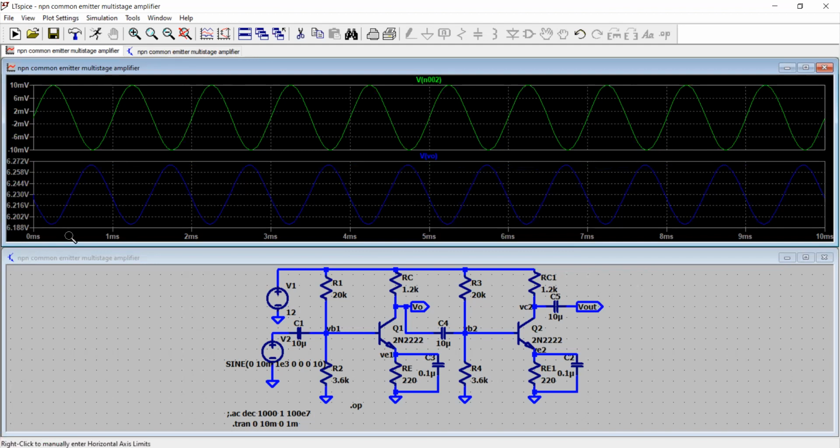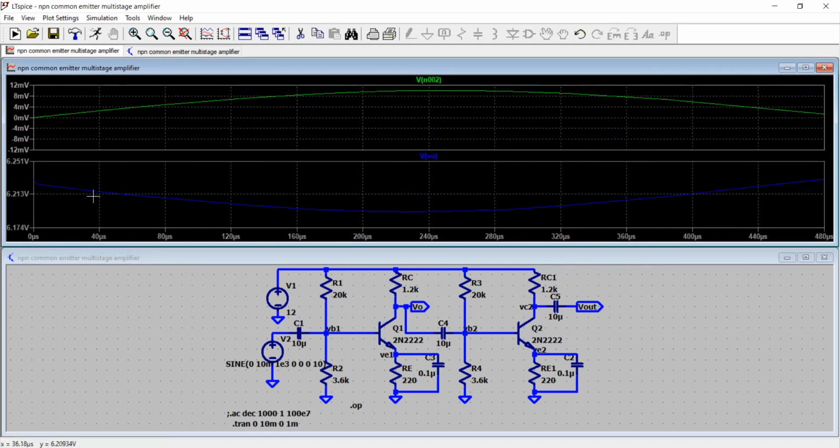So let me count how much is the gain. It is starting from 6.23, and it is going to 6.175. So it's about 5 times output I have, because the DC bias level is like that.